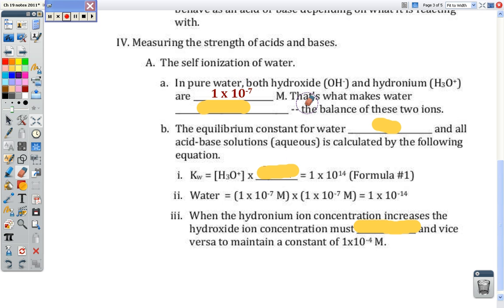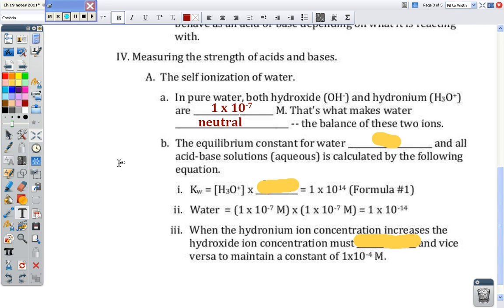And in the water itself, the concentration of both hydroxide and hydronium are 1 × 10⁻⁷. Water actually dissociates itself. So we're going to write the equation that works with this. This is what makes water neutral: these two ions are balanced.